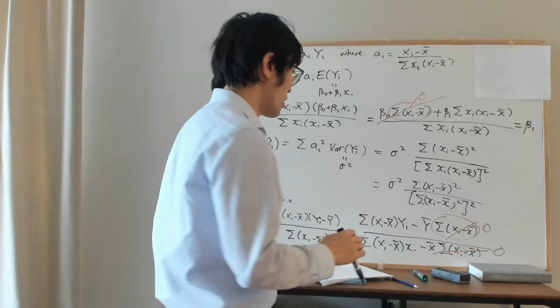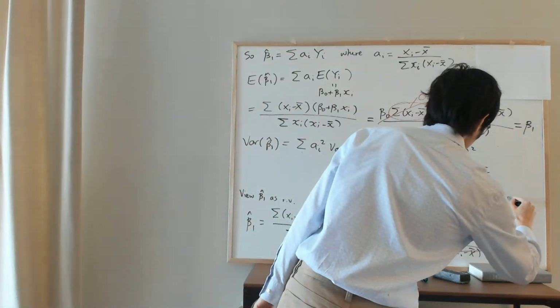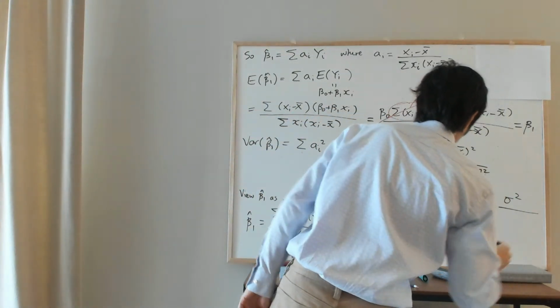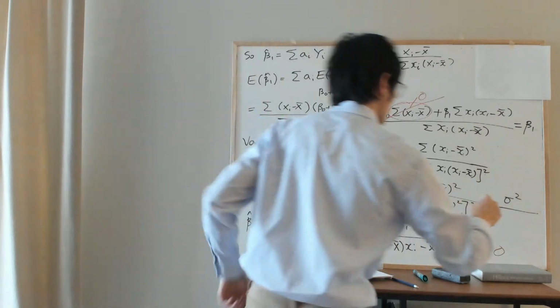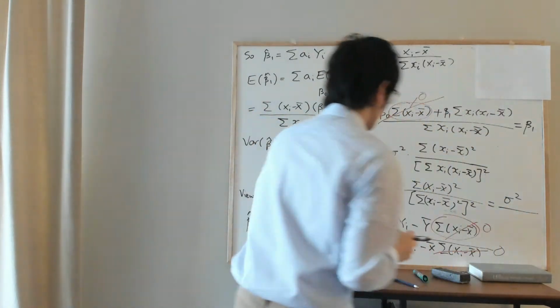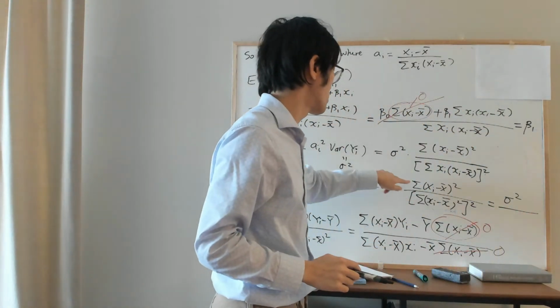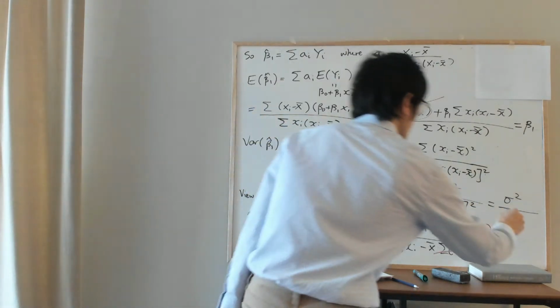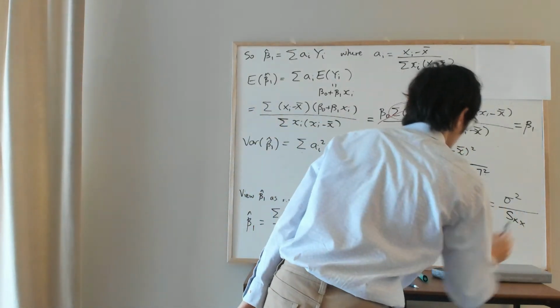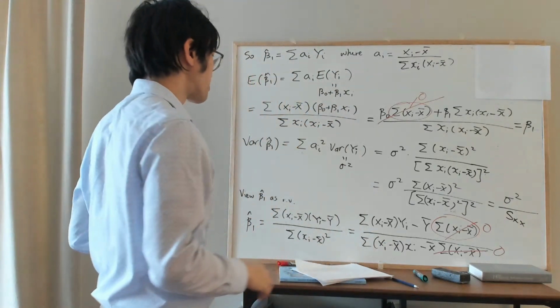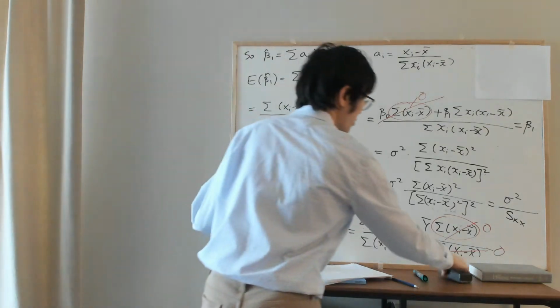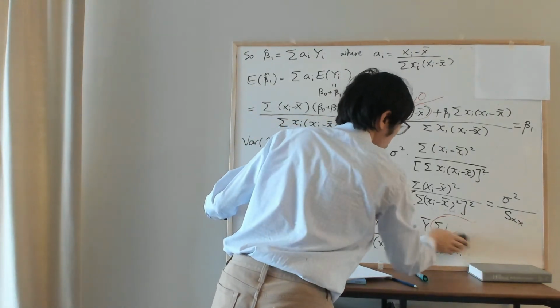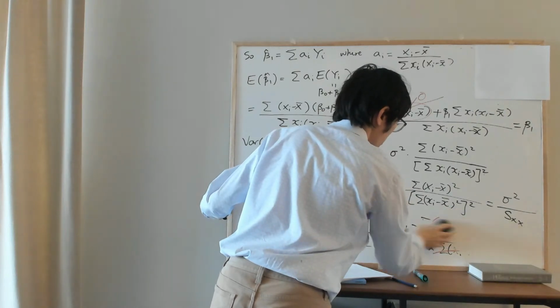Our final answer is sigma squared over this summation, and I'm just going to use our shorthand for it, the sum of the x cross term. So we have found the mean and variance of our slope as a random variable.